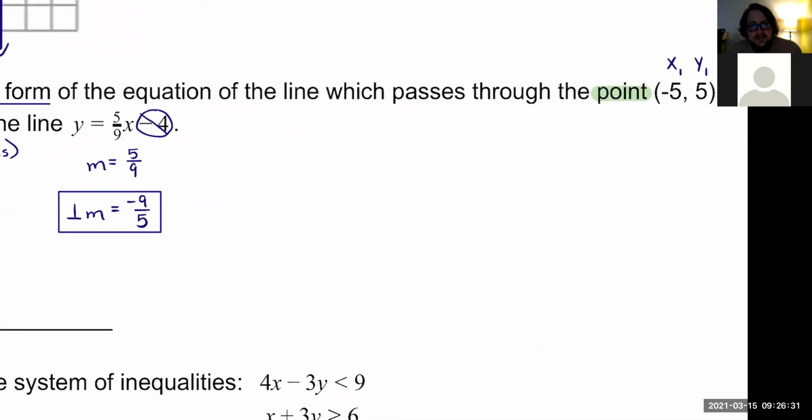So now when I take a step back and I consider the information I have, I now have a point from my line. I now know the slope of my line. This, and we had one of these earlier in this packet, sounds like a prime candidate for that secondary form that we used, which was called point slope form.